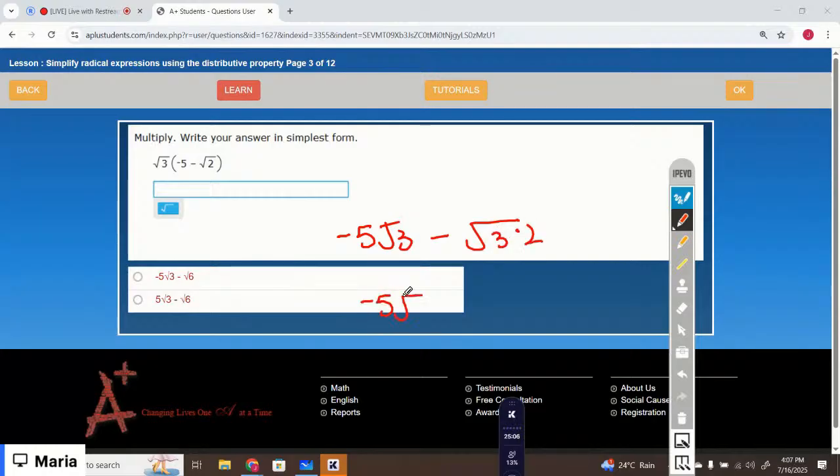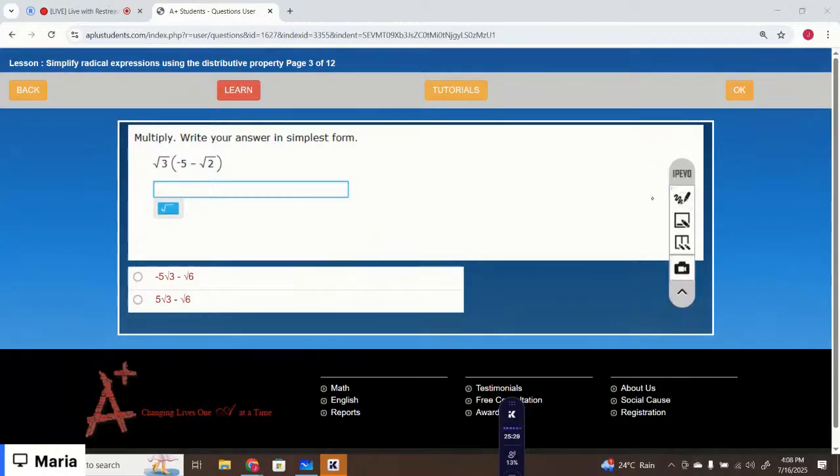That is negative 5 square root 3 minus square root 6. Option number 1 is the correct option.